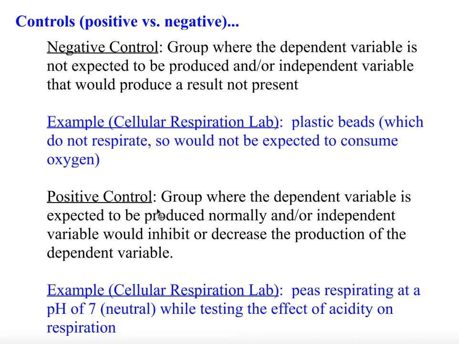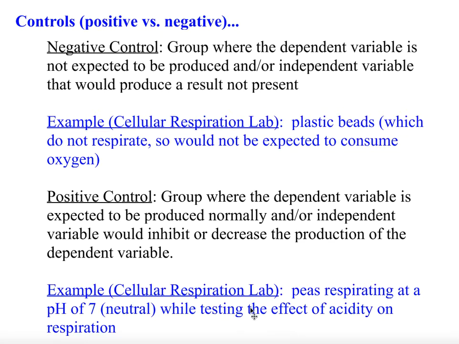It would have been the rate of activity of this RNA polymerase in normal conditions when that amanitin wasn't present, because amanitin was expected to have an inhibitory effect on the RNA polymerase. So having the control there, that's what we call a positive control.